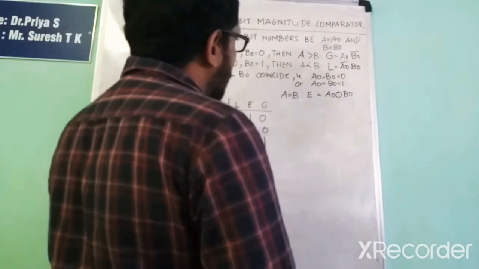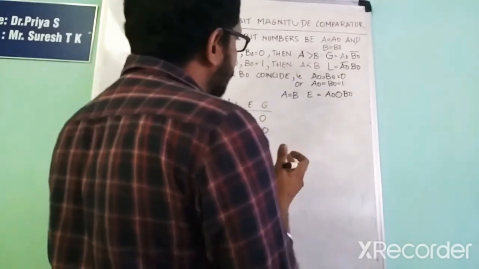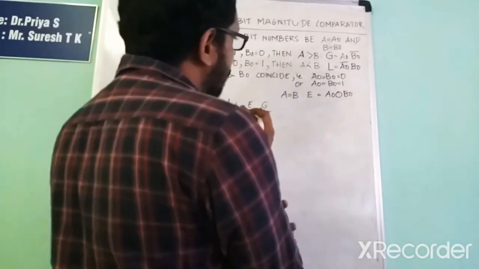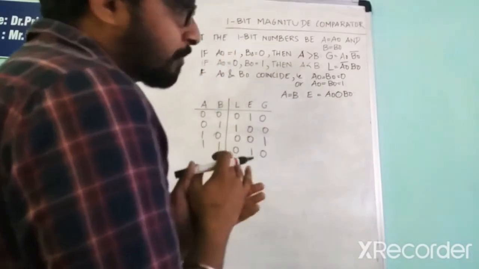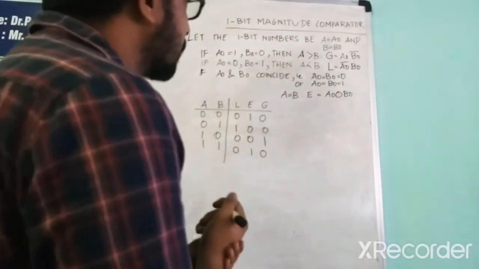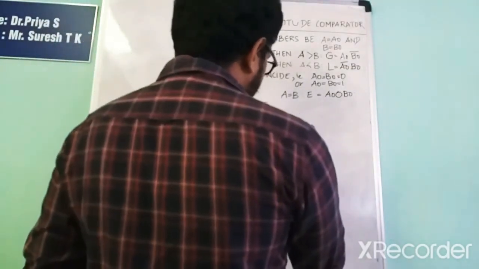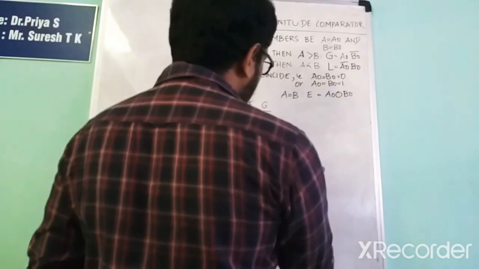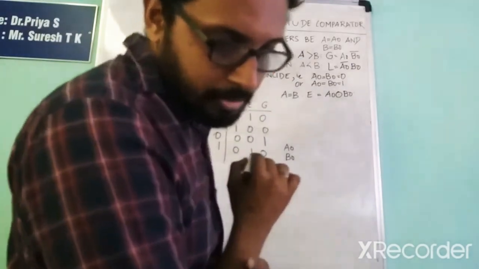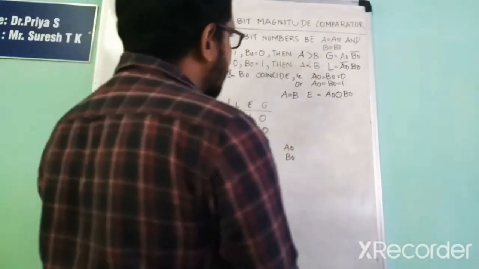And the design part: we have XNOR operations, and also the less than and greater than conditions. So we draw A0 and B0.